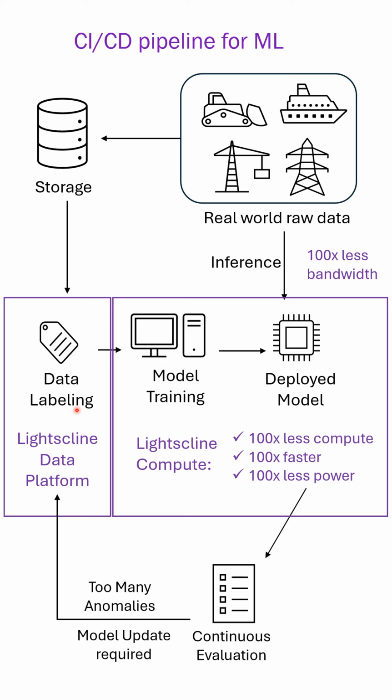Instead of labeling 10,000 data points, they can label 100 clusters and say, let's say this cluster is normal, third cluster is normal, fourth cluster is normal, second cluster is abnormal, something like that. This would save them time, and this is how we help companies reduce their CI/CD costs as well.